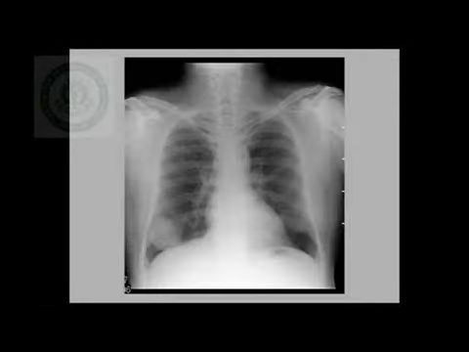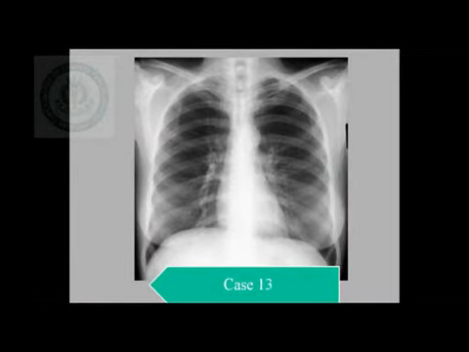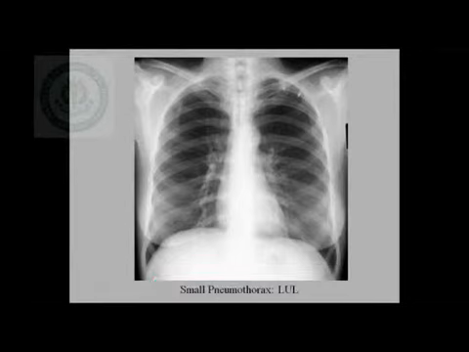This is a difficult case. If you carefully look at the left upper lobe, you will find a thin translucent lung which is actually showing the collapsed lung border, and you will find a small pneumothorax just superior to the collapsed lung. A subtle pneumothorax, not that symptomatic, and again another case with compensatory hyperinflation of the left lower lobe.